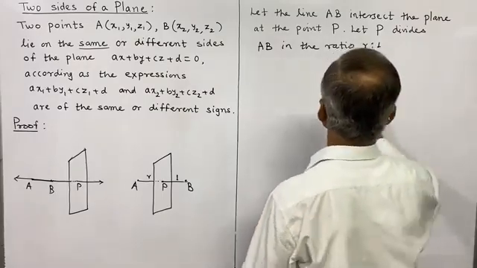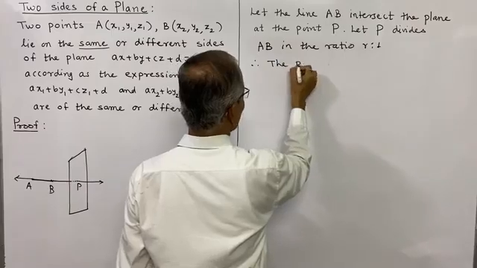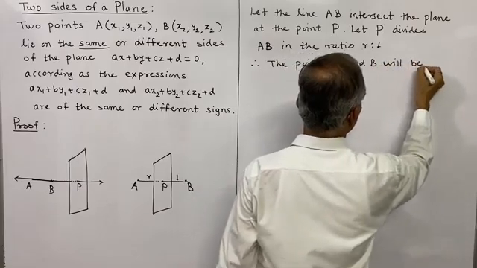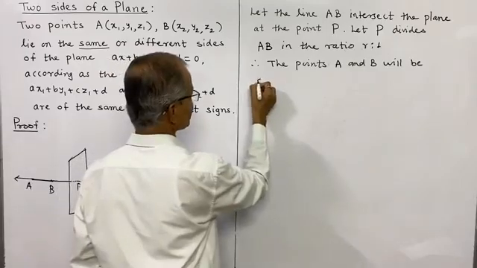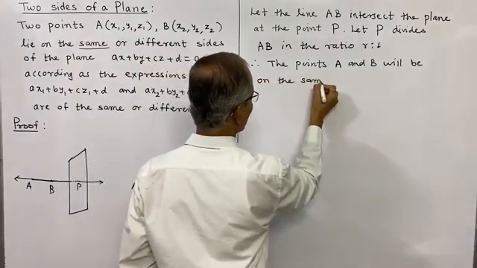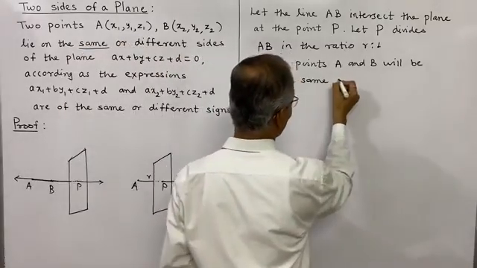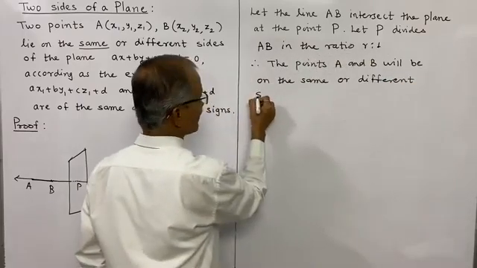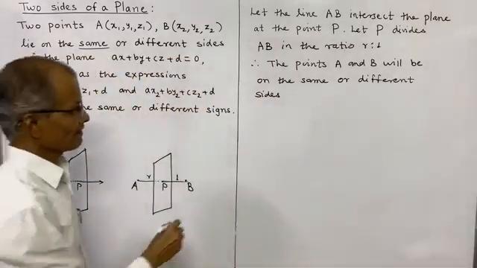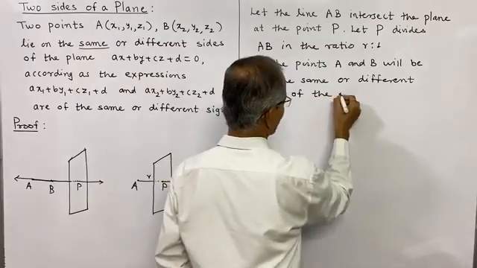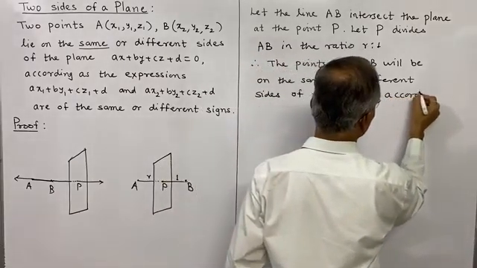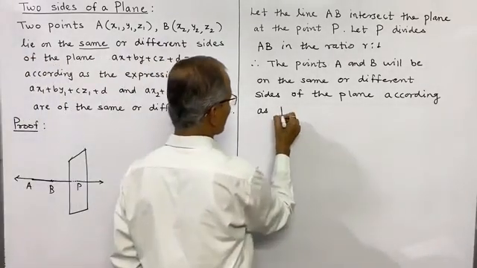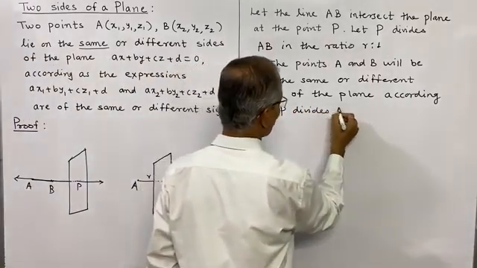Therefore the points A and B will be on the same or different sides of the plane according as P divides AB externally or internally.